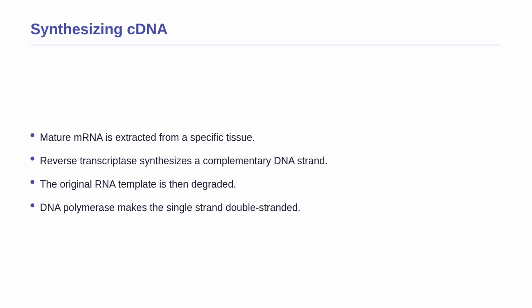As the name suggests, this enzyme works in reverse, synthesizing a complementary single-stranded DNA molecule directly from the RNA template. Once this is done, the original RNA is degraded and removed. Finally, an enzyme called DNA polymerase is used to make this single strand double-stranded, creating a stable complementary DNA, or cDNA molecule, ready for cloning.